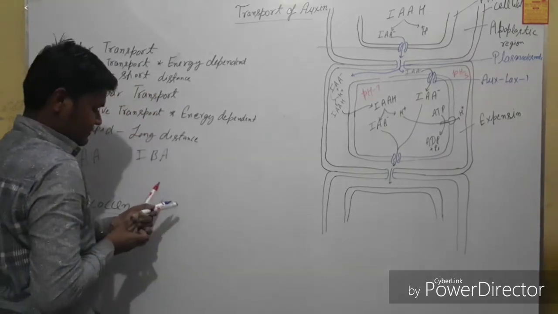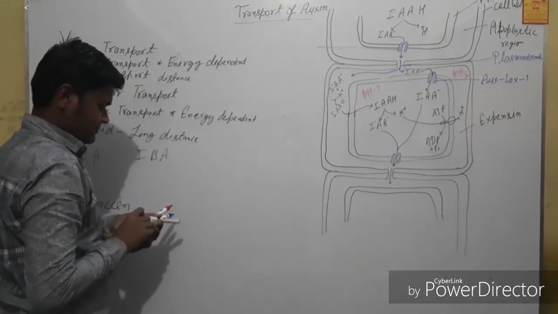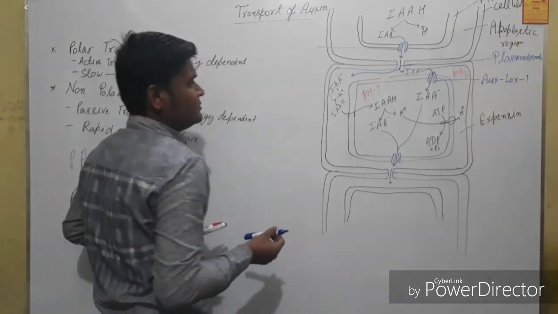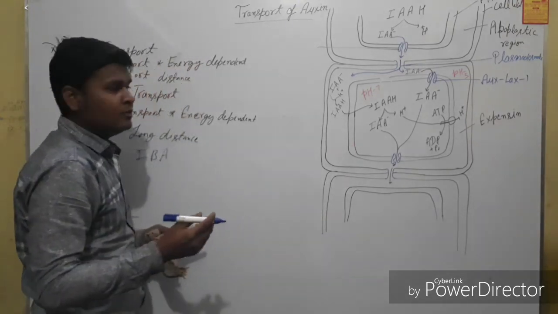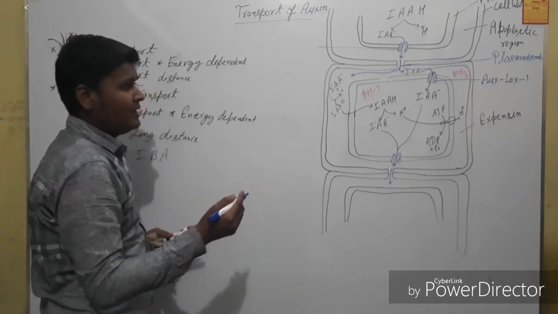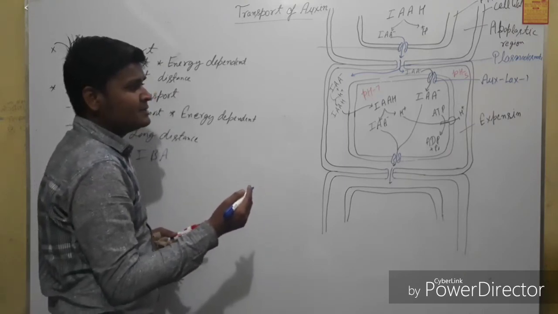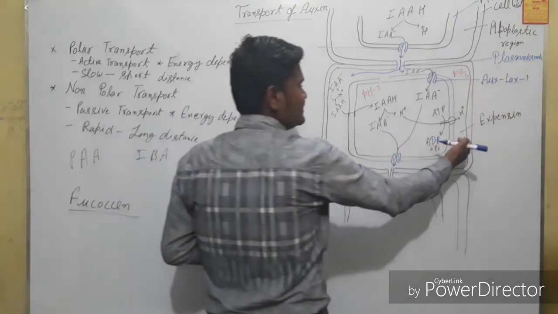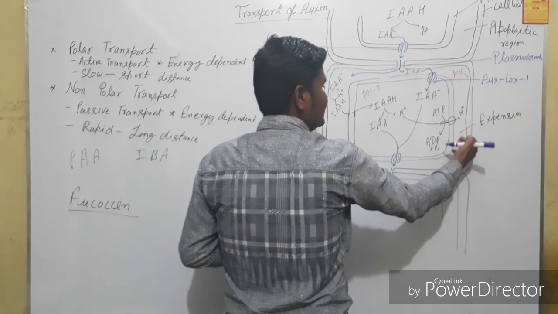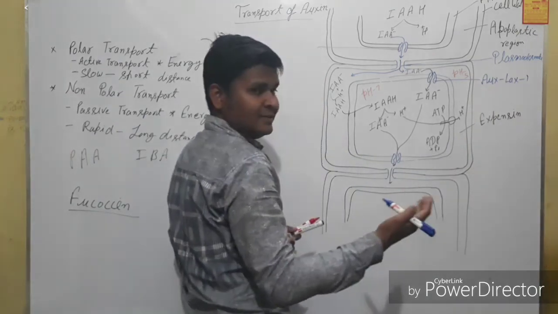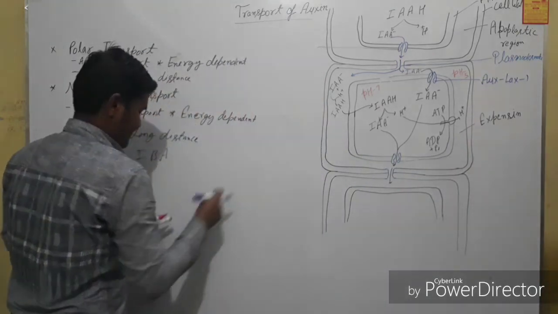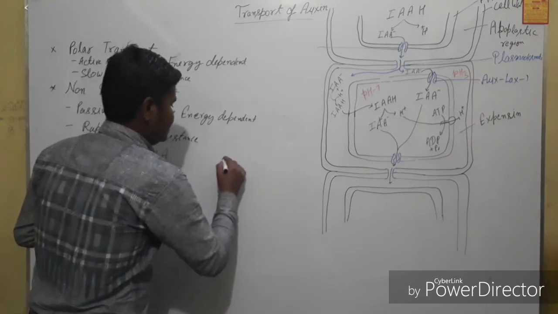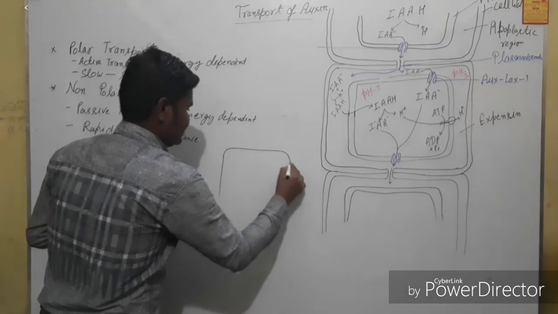I want to explain to you signaling, how IAA signals to make this region acidic. A little bit we will draw here.